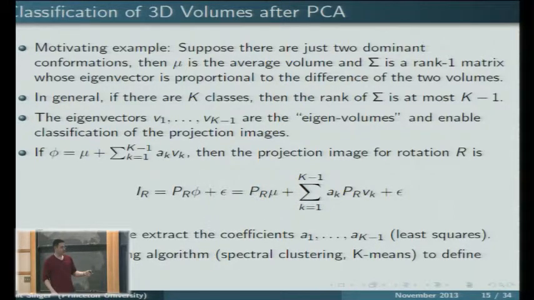And then we can extract the expansion coefficients using least squares. So for every image, I can associate coefficients ak, k of them, or k minus 1 of them, by just doing a least squares fitting. And then I can look at the k minus 1 dimensional space of coefficients and just solve the clustering problem there. So the problem is solved.